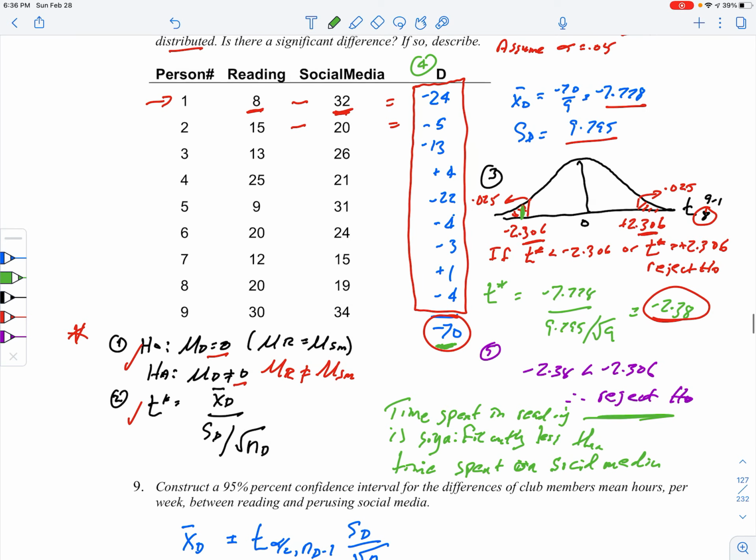Right, and that's because when you calculate the difference, it's negative, and we were calculating reading minus social media. So higher numbers for the social media, and you can see that just looking at those numbers there.